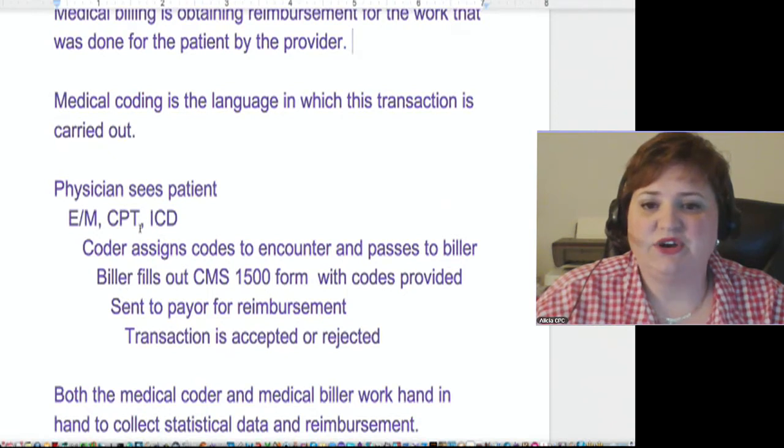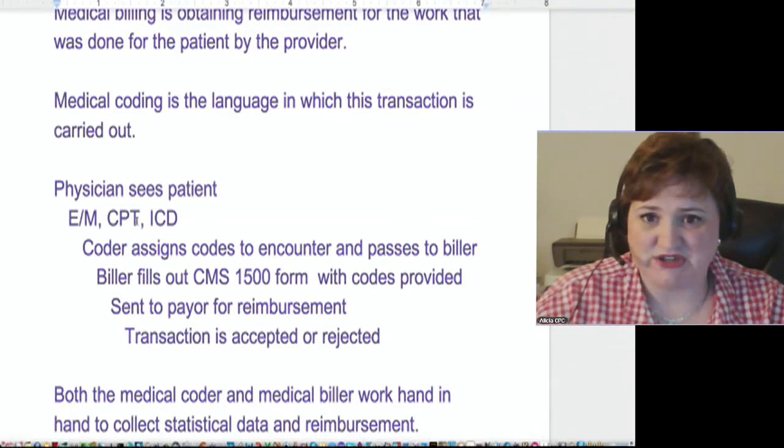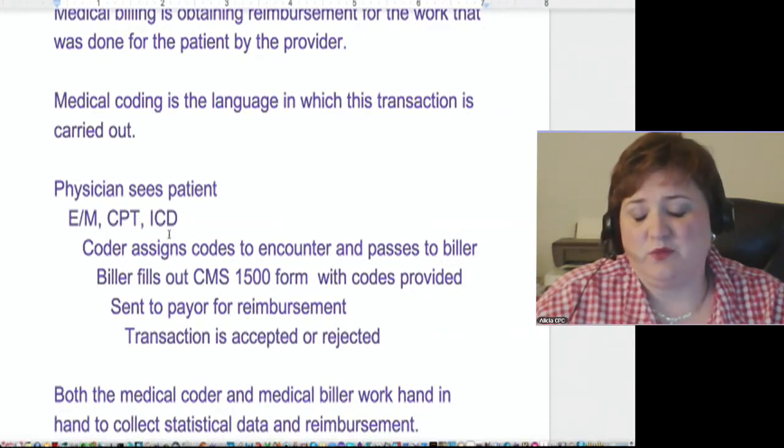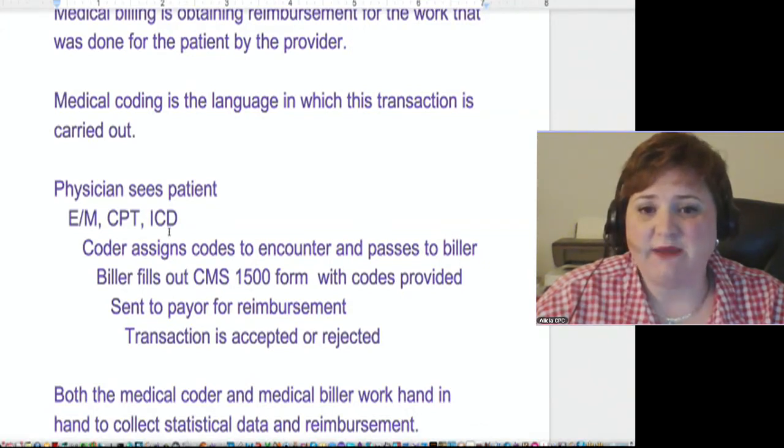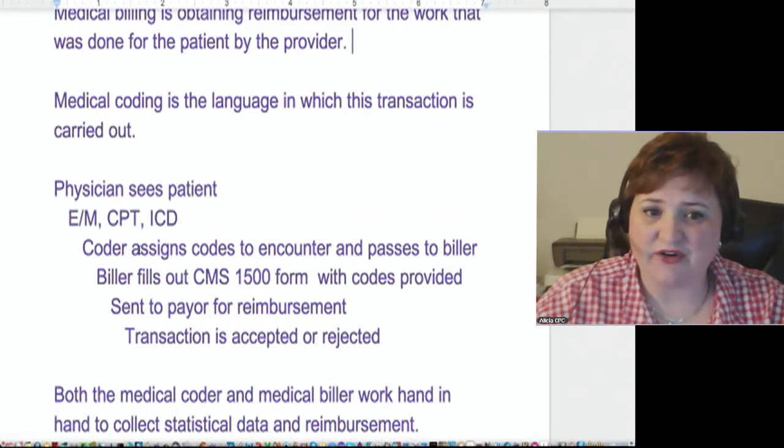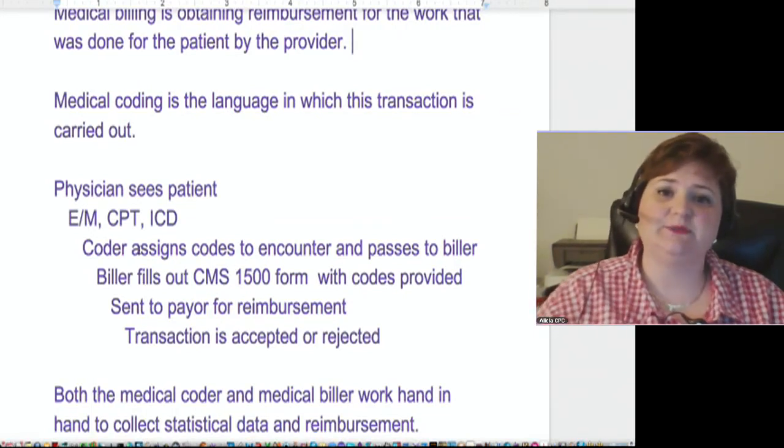So in all that stuff that he did, every procedure that he did gets a CPT code, and the evaluation and management is all CPT. And then the diagnoses that he gives her, which will say that he diagnosed her with diabetes and hypertension, those are ICD codes, diagnosis codes. So the coder assigns the codes to the encounter and then passes those to the biller.